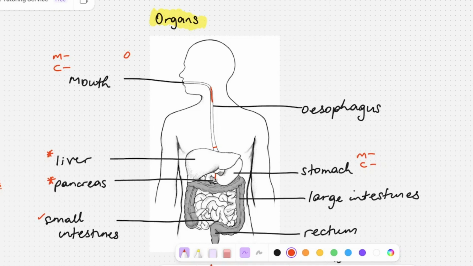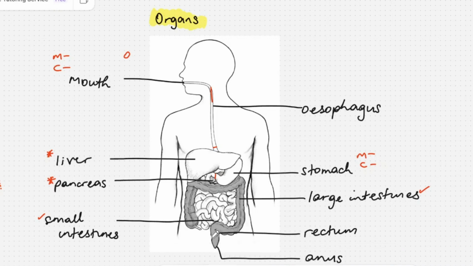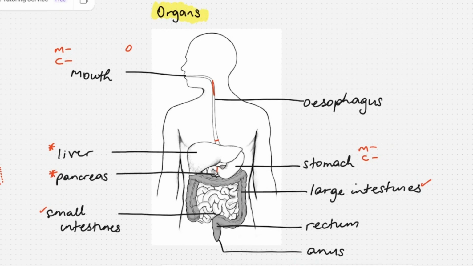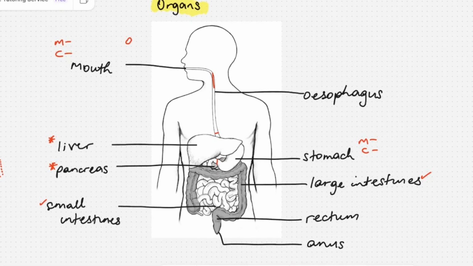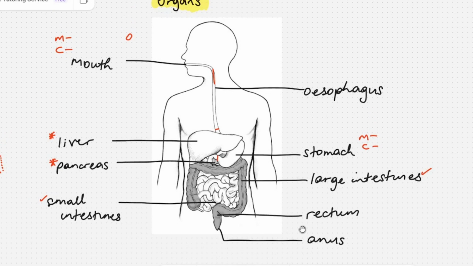And then whatever is not absorbed makes its way into this part, which is our large intestines. While moving through the large intestines, salts and water is taken back based on the body's needs. And then at the end, you have all of the undigested material, as well as things like dead cells and any microorganisms that would have been there, will now be stored in the rectum.